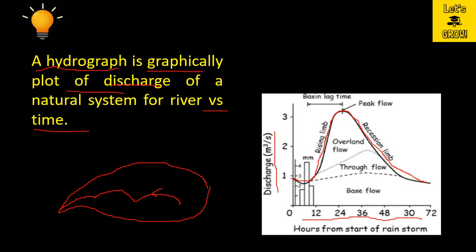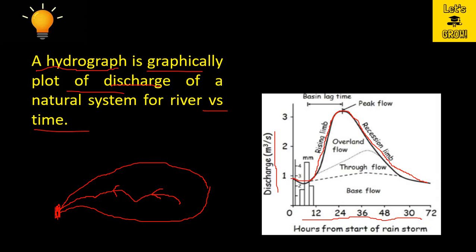Whenever a precipitation or rainfall event occurs in this catchment, the water will start falling over the catchment, some of the water will enter the river and flow in it, and at the outlet point we will get some discharge. If we continuously measure the discharge at this point and plot the graph of time versus discharge, that is known as the hydrograph.